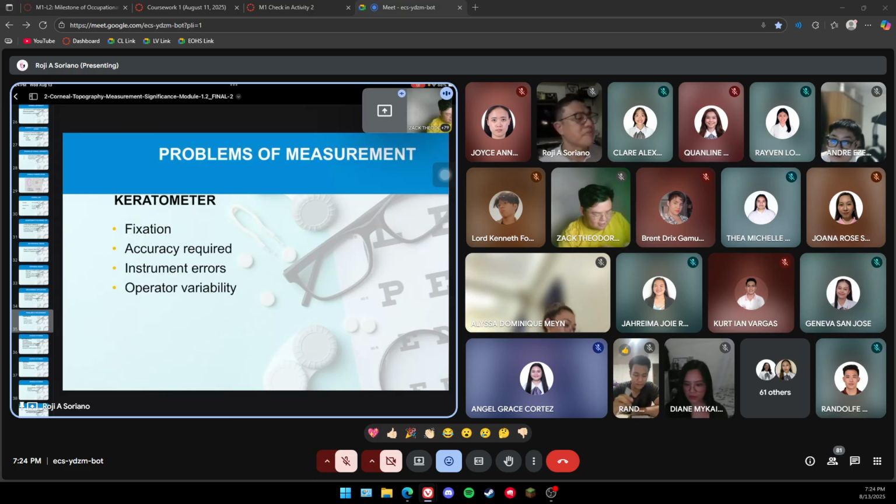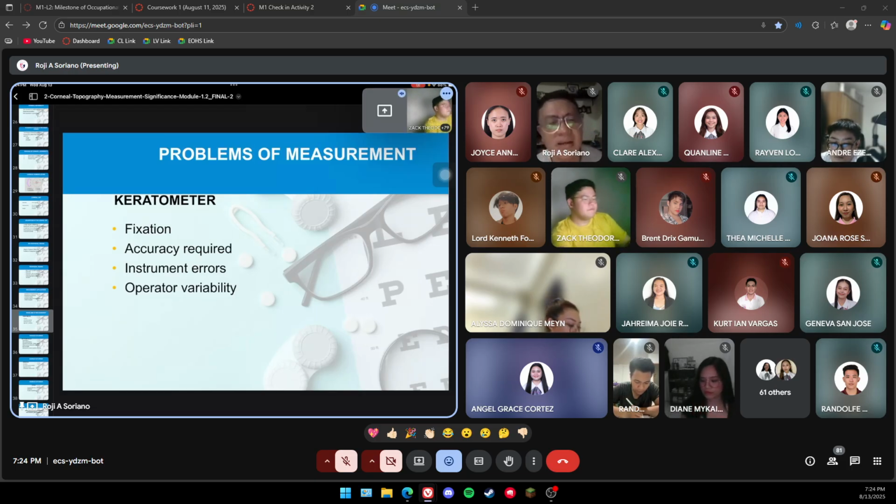Now, problems of measurement. For the keratometer, it's the fixation. That's why I would always tell Zach, do this fast and accurately. Meaning, as soon as you establish your patient to sit down, to put their chin and forehead so that you'll have a plane to measure.